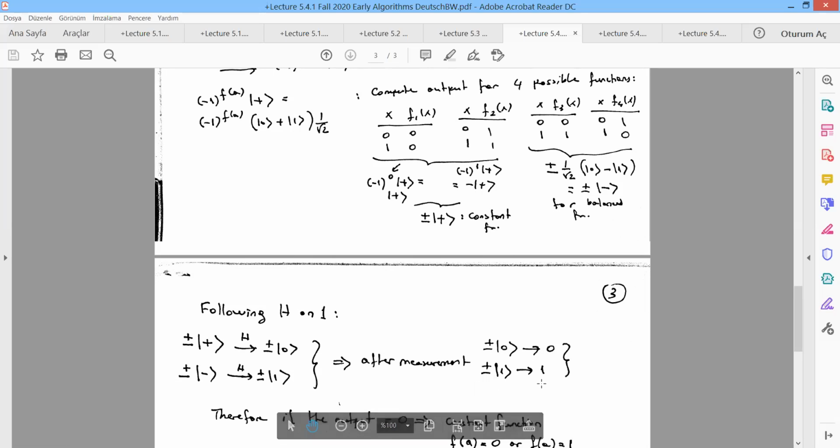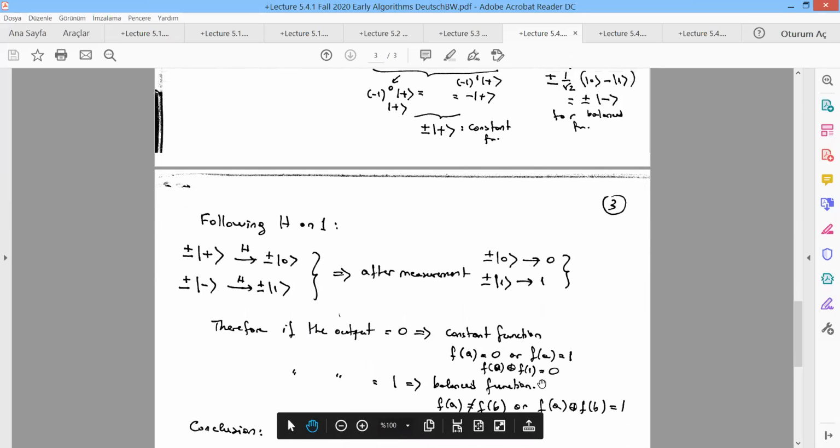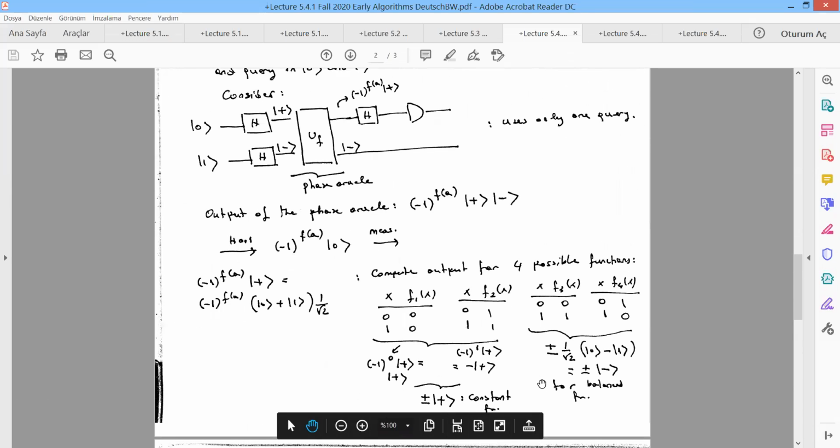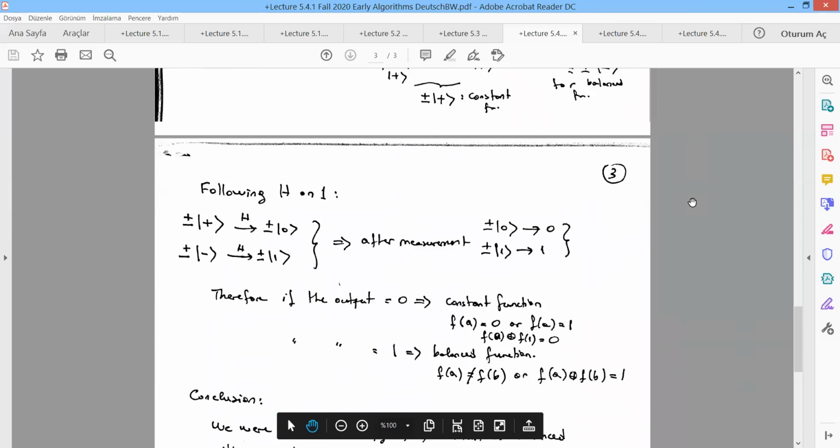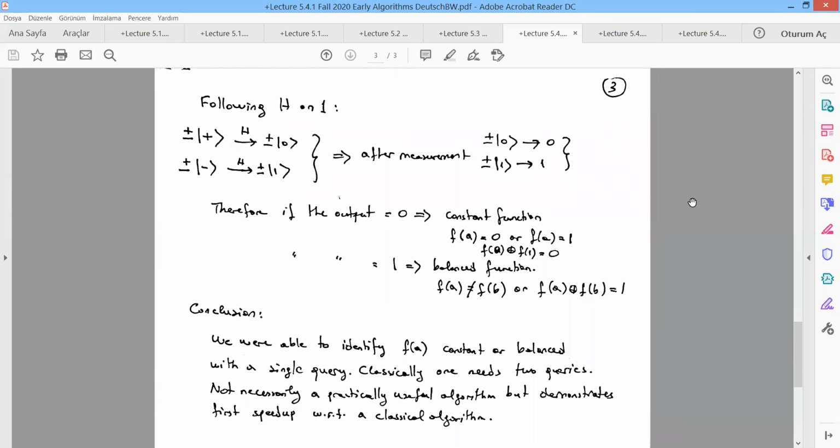So what we can conclude is, if after the measurement we measure a 0, then it's a constant function. In other words, f of a equals 0 or f of a equals 1. If the output is 1, then this is a balanced function: f of a is different from f of b.